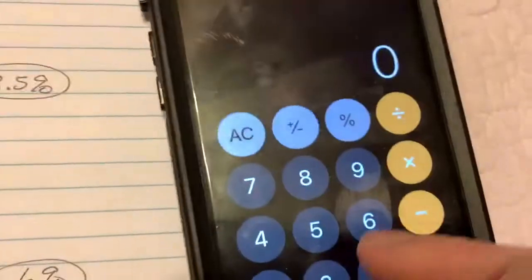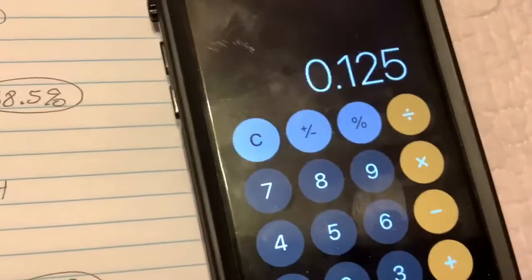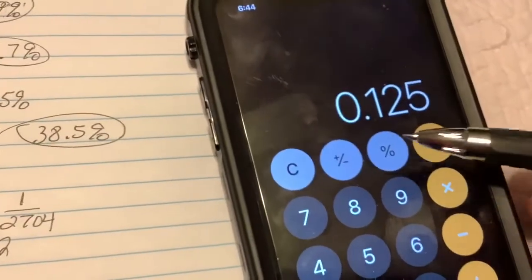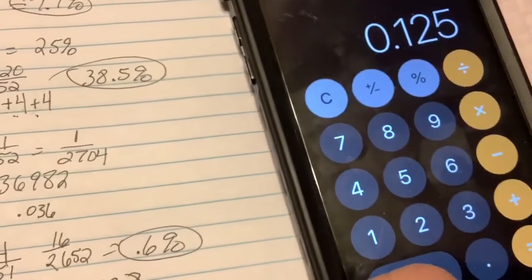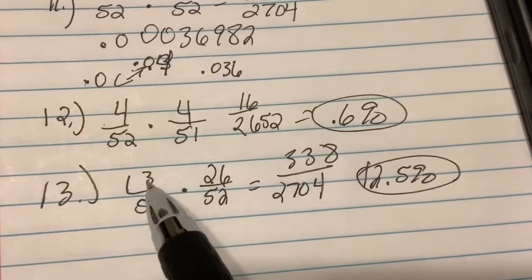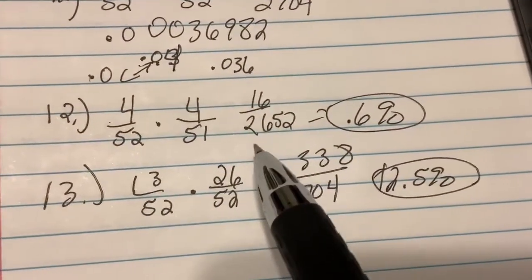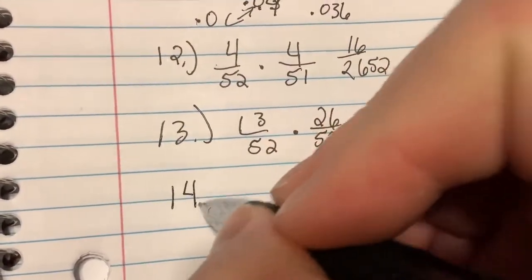Okay. 338 divided by 2,704 is, move it twice, 12.5%. Okay. So you've got a chance, because those are such good possibilities, especially the second one, because you've got half on the second one.